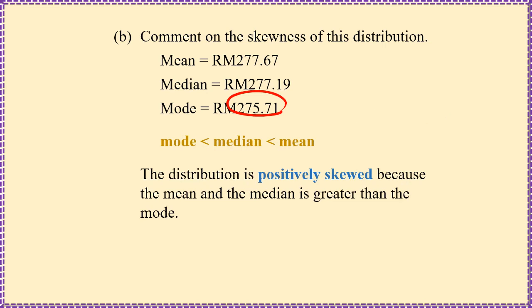Remember, we learned it in the previous lecture, lecture 2: the distribution is positively skewed because the mean and the median are greater than the mode. So we can answer positively skewed, or skewed to the right. This is the comment. Okay, now continue.